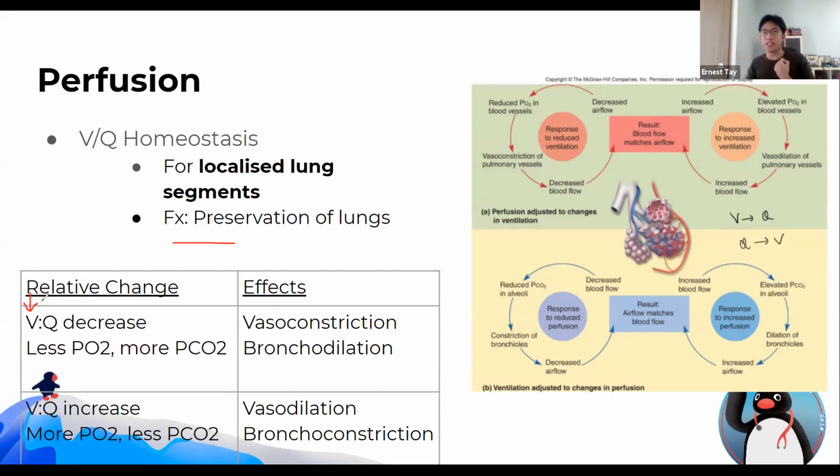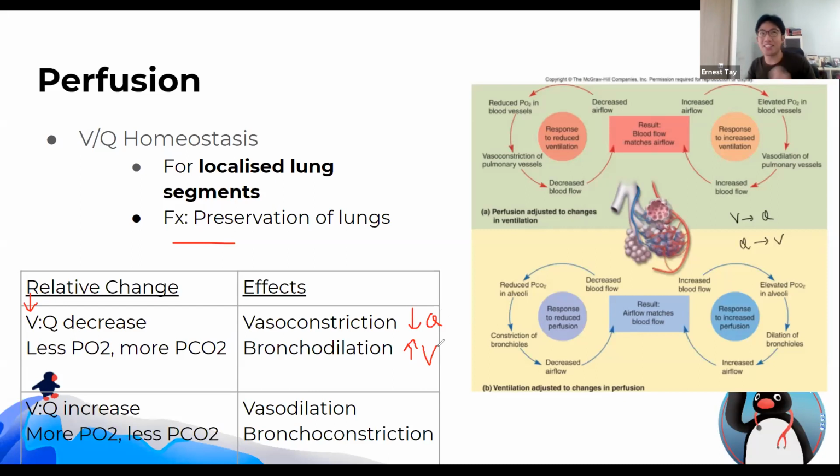So what my body does to react to this is that in that certain lobe of the lung, it will try to increase the V to normalize the ratio. So it will try to increase V and therefore cause bronchodilation. But at the same time, it will also decrease Q so as to maintain the VQ ratio, right?